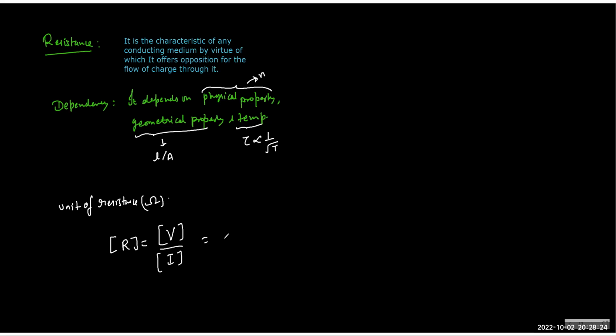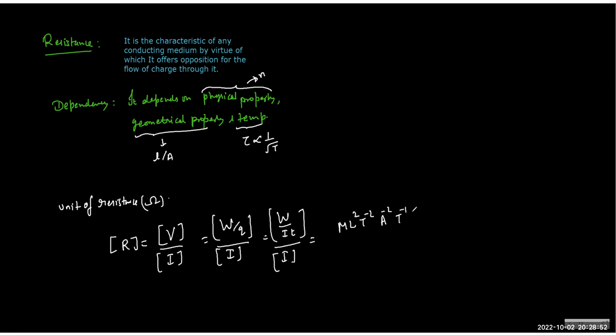And volt, potential, is defined as work upon charge, and charge is defined as current into time. So work is ML squared T to the minus 2. It is I squared, so we can add ampere to the minus 2 and time. I can multiply T there: ML squared T to the minus 3. So the dimension of resistance you can also write.